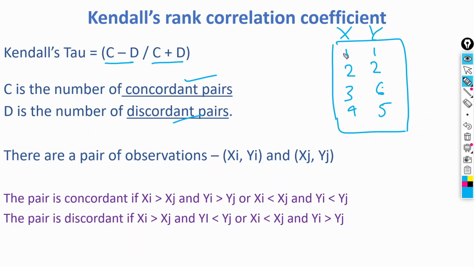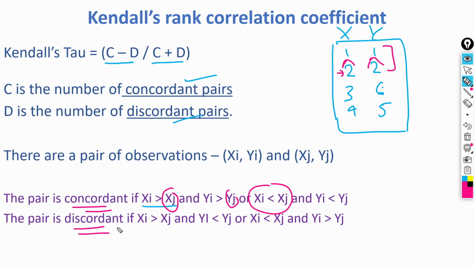If Xi is greater than Xj and Yi is greater than Yj, or in the opposite direction, if Xi is less than Xj and Yi is less than Yj, the pair is concordant. In our case, this is greater than 1, this is greater than 2, so this condition is satisfied, concordant. So here we will mark the concordant pair. I will explain in the next slide how we calculate, but you can understand it in this way.